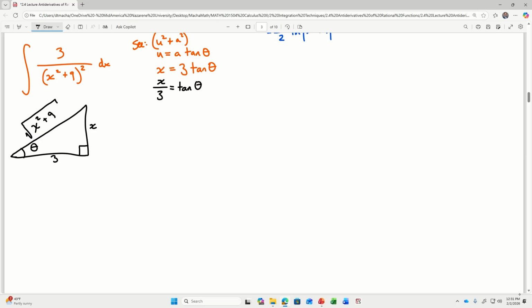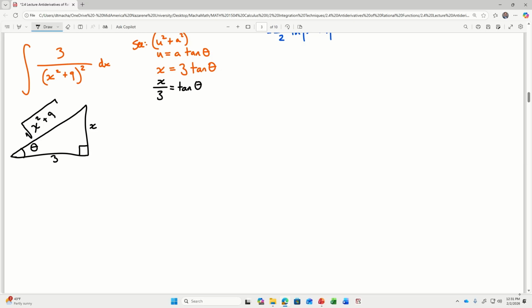So this is the tricky part. I see the x squared plus 9 in my integrand, and I see the square root of x squared plus 9 on my triangle. How do I get this to match up? What kind of trig function looks like my integrand? Well, this is a question you've got to ask yourself on the test.